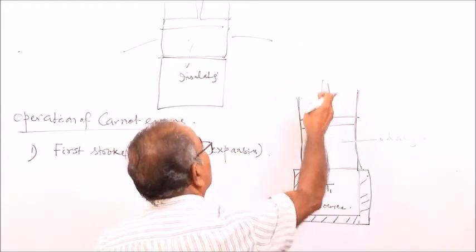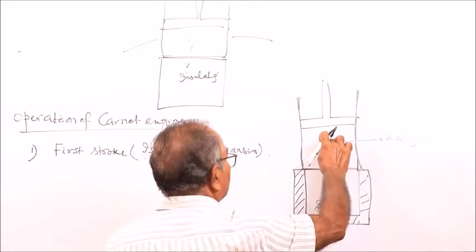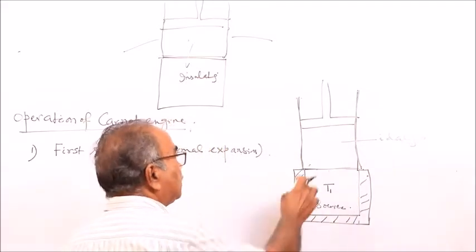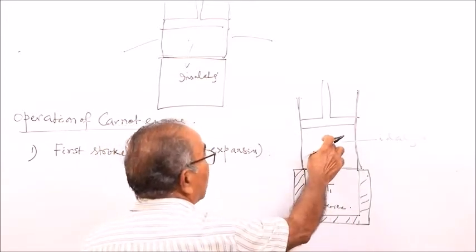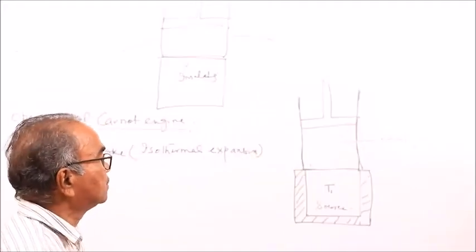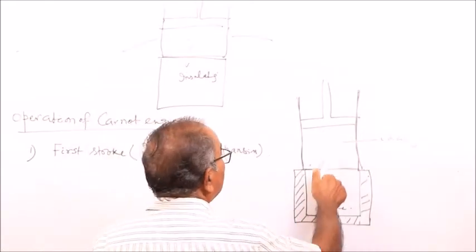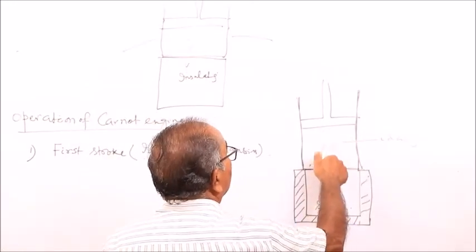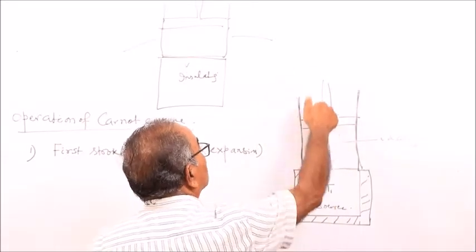When the piston moves upward, the volume increases and the temperature will slightly fall. When the temperature falls, it again draws heat from the source to the ideal gas, so that the temperature is maintained constant. In this process it draws heat from the source and pushes the piston upward, so it does some work.